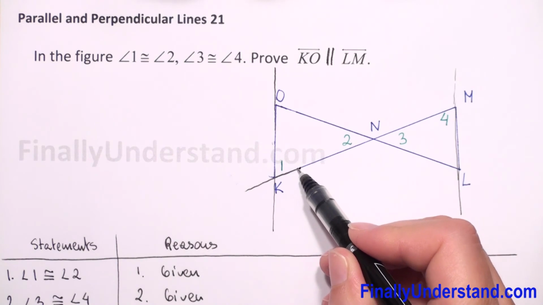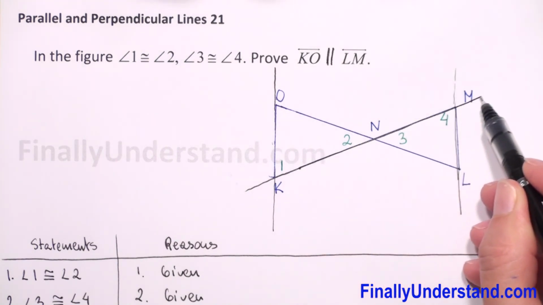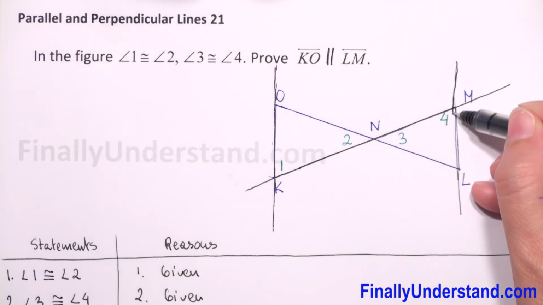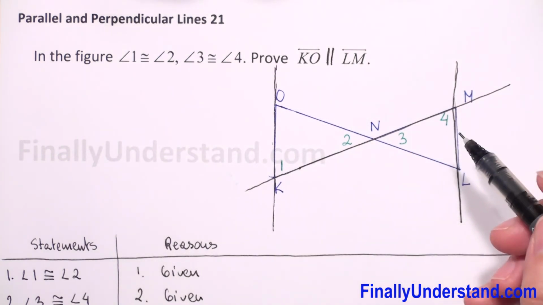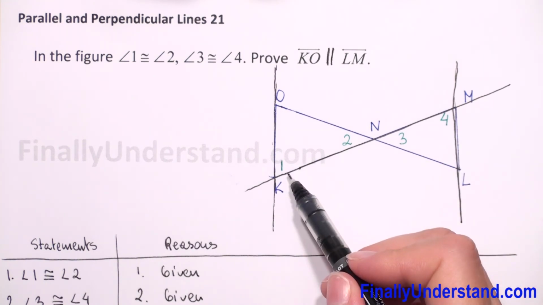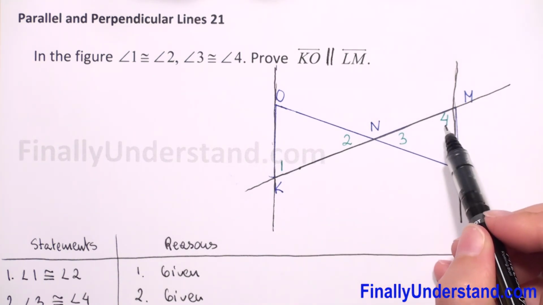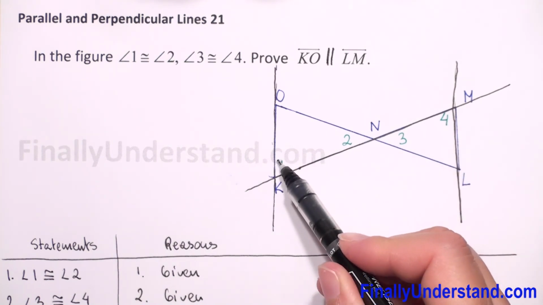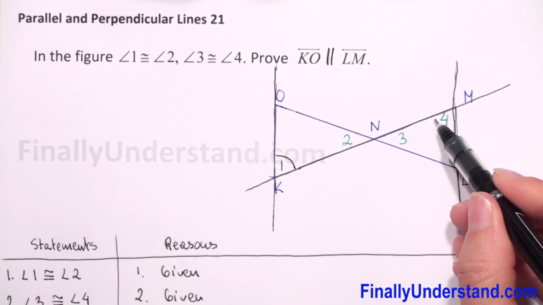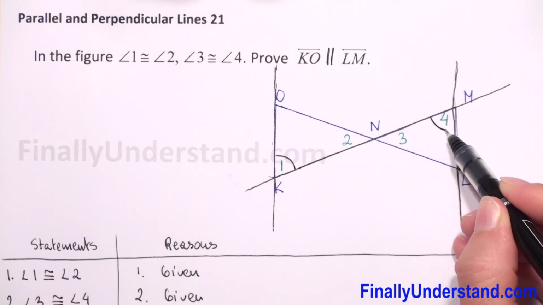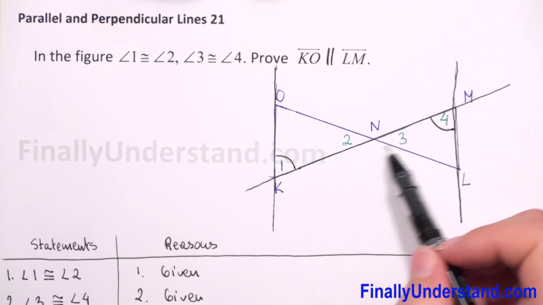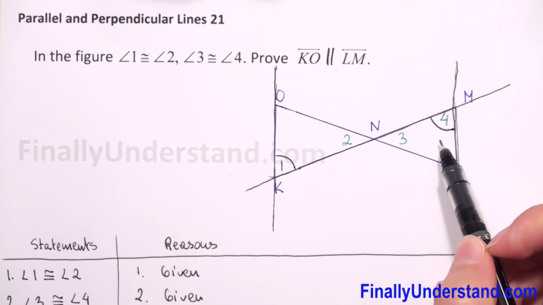This is our transversal of these two lines, and we see that alternate interior angles are the same. Angle 1 is congruent to angle 4. And those angles are alternate interior angles.